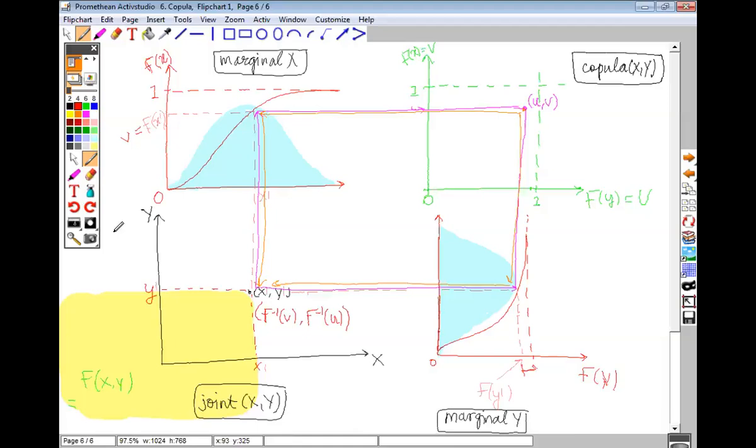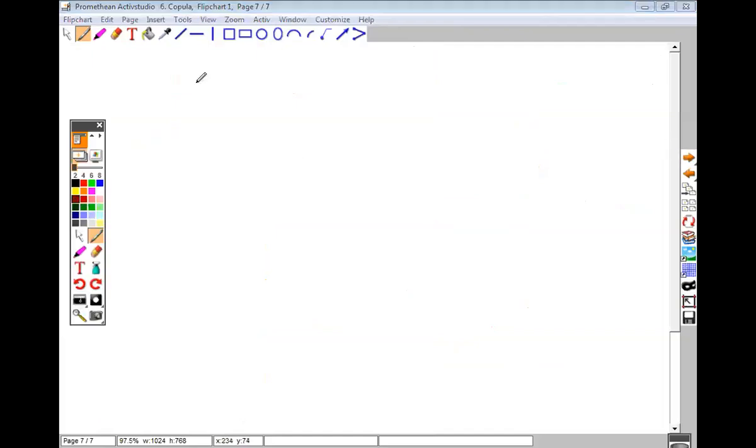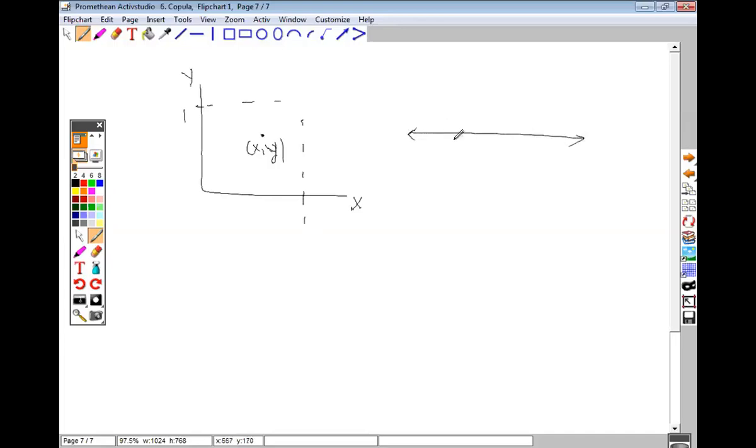So this is just a whole cycle that goes on. But to give you something in short, let us say we have X here and we have Y here, capped at 1, because we're looking at maybe this area. And let us say we have this coordinate X comma Y. What we want is the joint between 0 and 1.